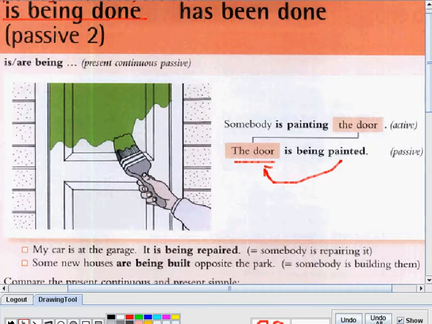Now, every time we make passive forms of sentences, after our be verb comes the past participle of the verb. For example, painted, taken, and many other past participle of verbs, right? Okay.